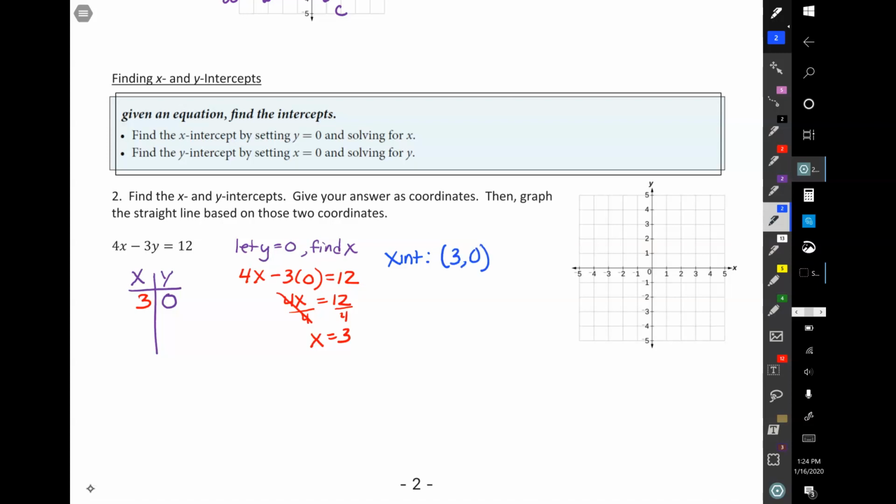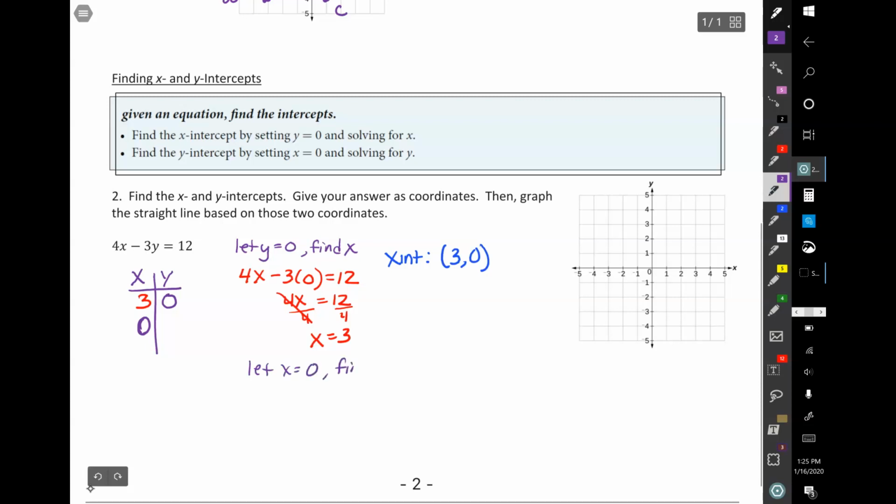Now I'm going to go find the y-intercept. So I'm going to plug 0 in for x. So I put 0 in my little T chart for x in the x column. That's why sometimes it looks a little bit like tic-tac-toe with those O's there, or zeros. So now I'm going to let x equal 0 and find y.